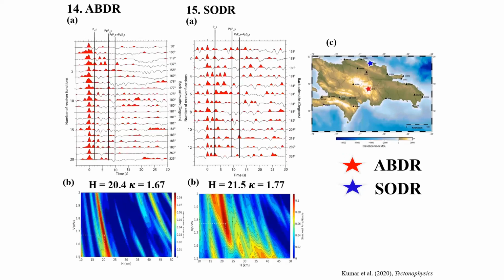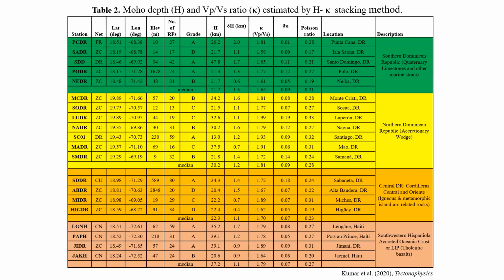But still, to have more accuracy, we acknowledged the quality of our receiver functions by assigning some grades. You can see in this table the grades assigned. For PCDR, because we could identify all the phases quite clearly, we gave an A grade. For SADR, because we could not identify all the phases together, we gave it a D grade.